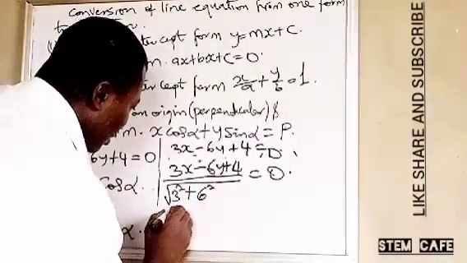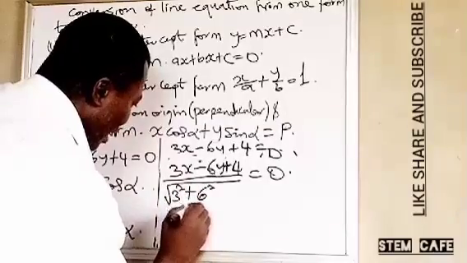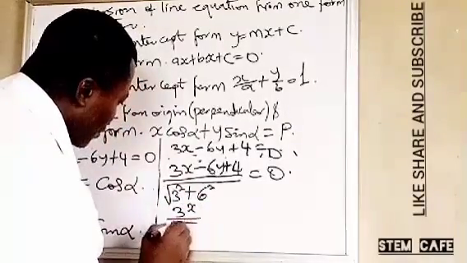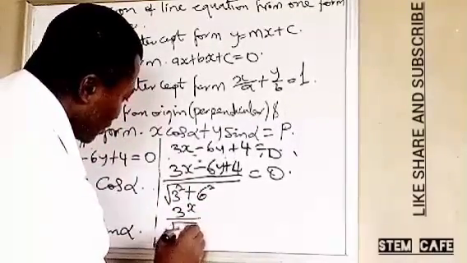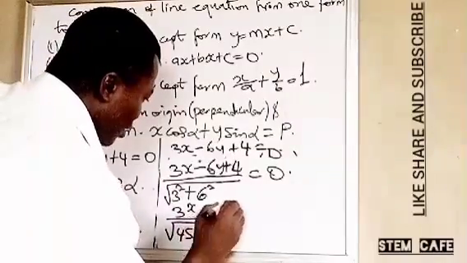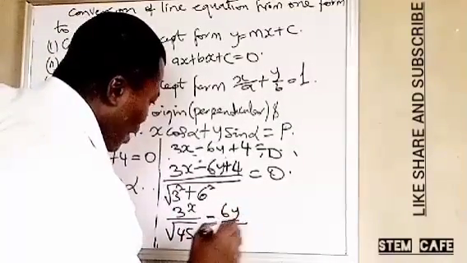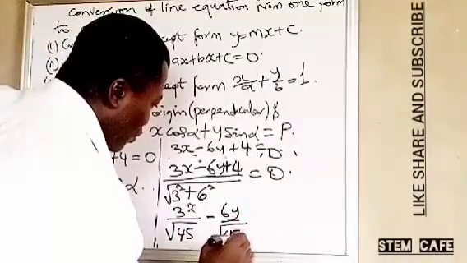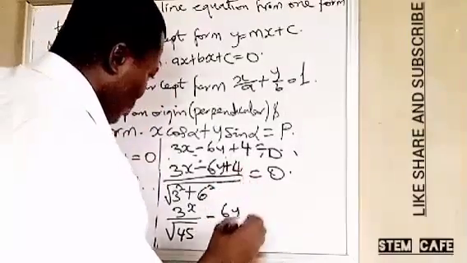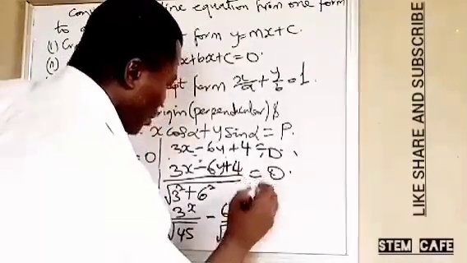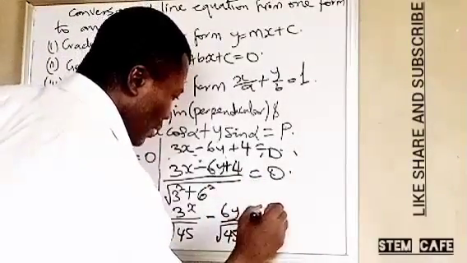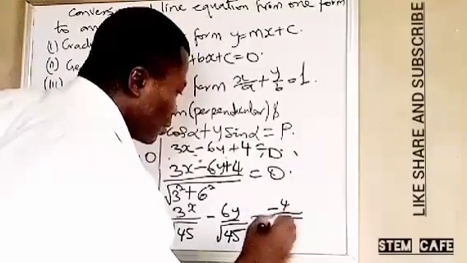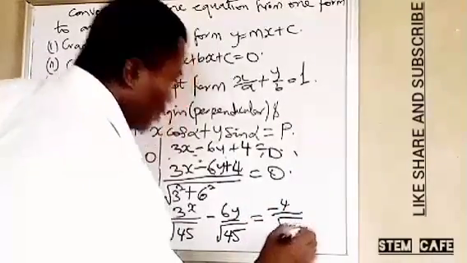So I'm going to have 3x over root of 45 minus 6y over root of 45 is equal to minus 4 over root of 45.